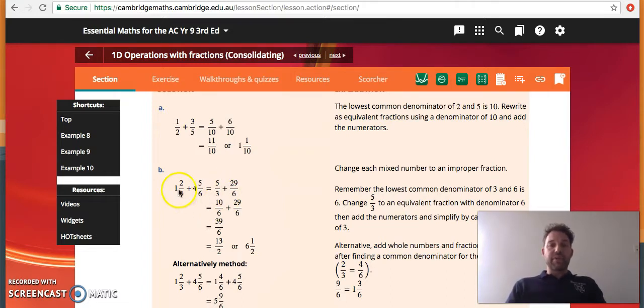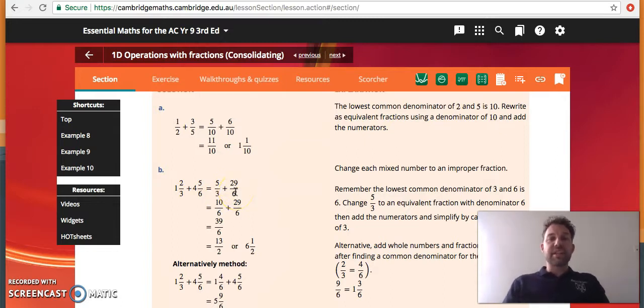So to do that, we do 1 times 3 is 3, plus 2, so 3 plus 2 is 5. We then keep the denominator the same, so it's 5 over 3. Same with the next one, 4 times 6, 24, good. Add 5, 24 add 5, 29, good. And we keep the denominator the same, 29 over 6.